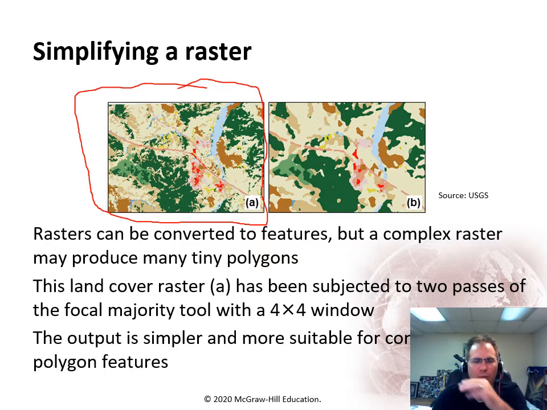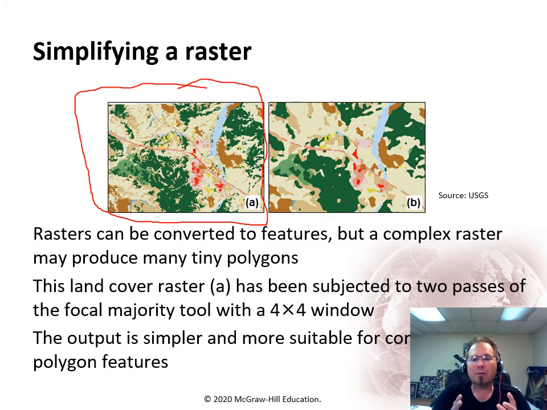Now, if you're far enough out at scale, you can see there's a whole lake and some other stuff, maybe a whole city. At that scale, pane B is perfectly acceptable. If I'm at the vineyard level, I probably wouldn't want to do this, but then again, at the vineyard level I could probably take the land use and convert it directly to polygons.